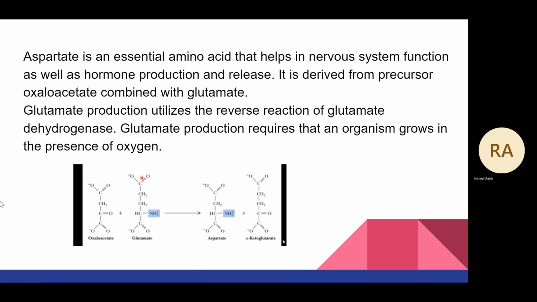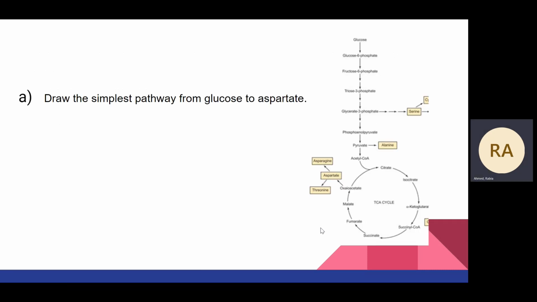And it's related to this problem. This is kind of part of the citric acid cycle, which you're going to see in a bit. Okay. So draw the simplest pathway from glucose to aspartate. So Dr. Spiro, when he says simplest, he wants the primary pathway.